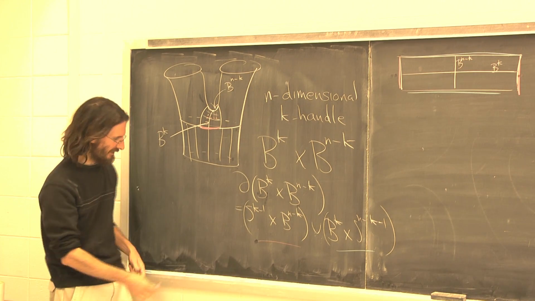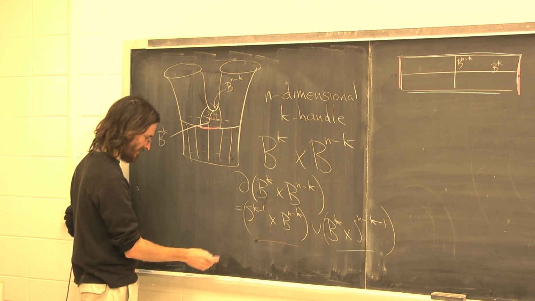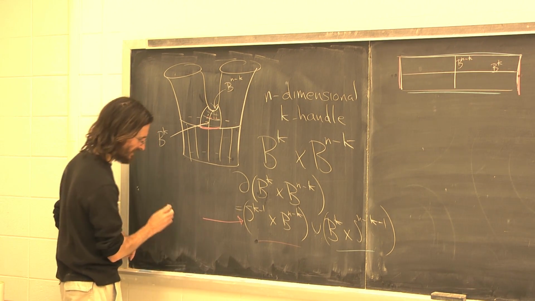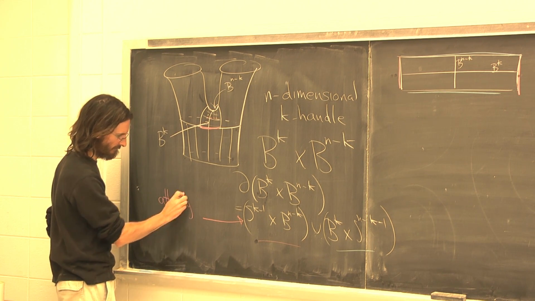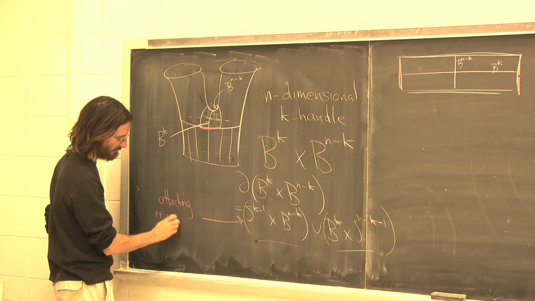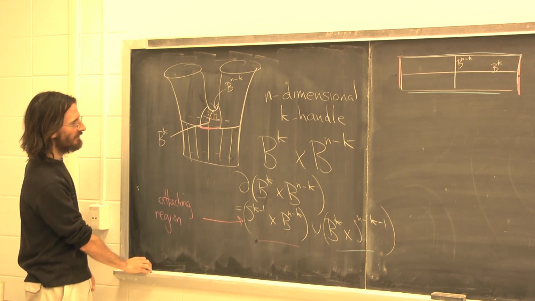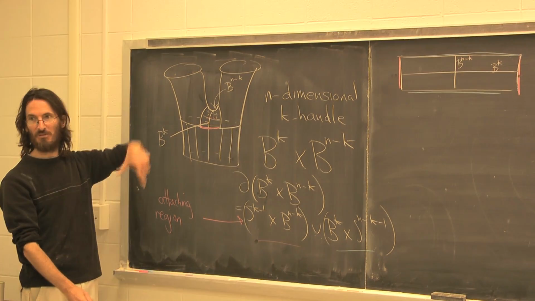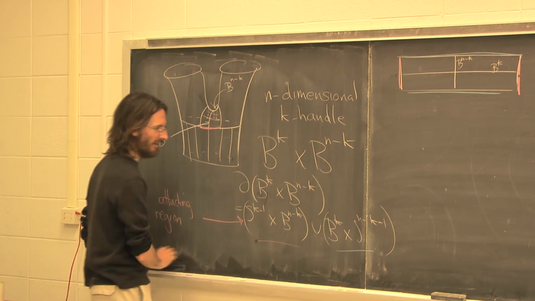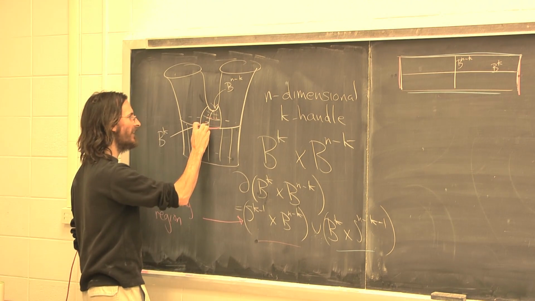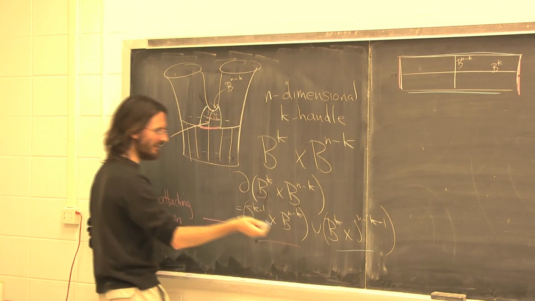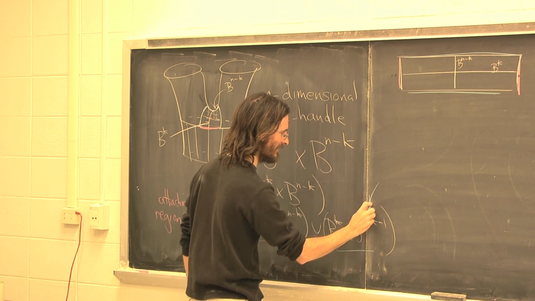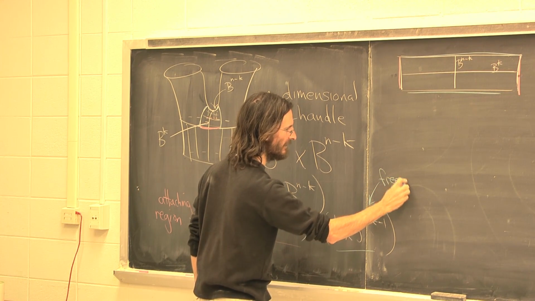That's why this part is typically called the attaching region of the boundary. That's the part along which you attach the handle, and then the other part runs over here, and that's the part that it doesn't get glued along. As opposed to the attaching region, this is the free region.